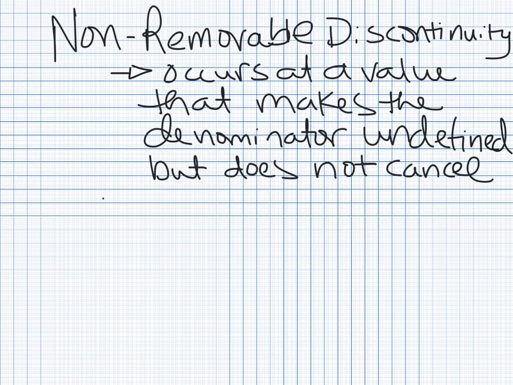Okay? And at those points, you are going to have a vertical asymptote.